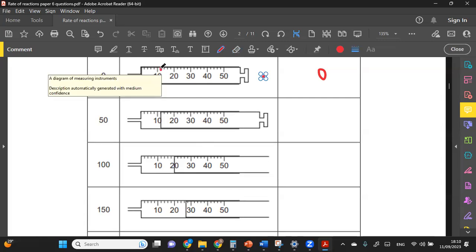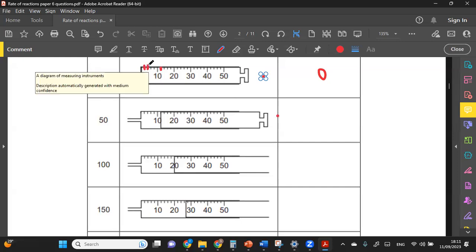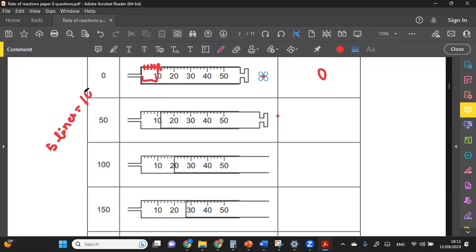An easy way to figure it out is to simply count the number of lines: 1, 2, 3, 4, 5. I have 5 lines, and those 5 lines are equal to 10.